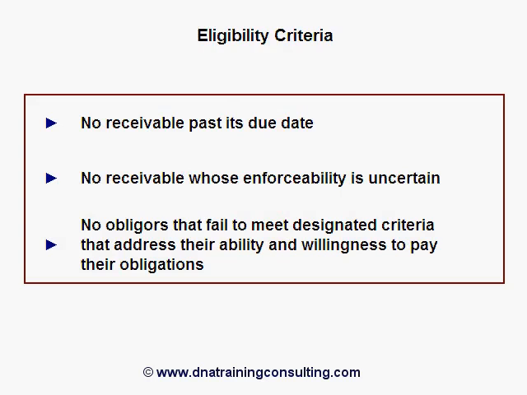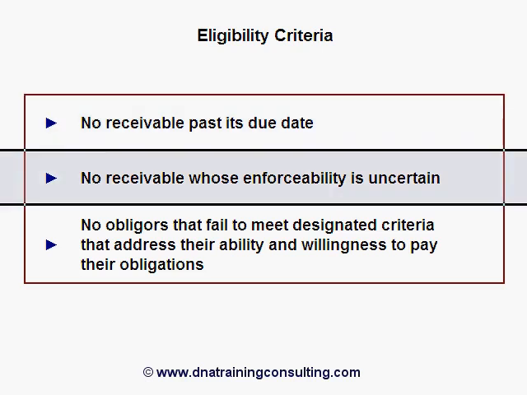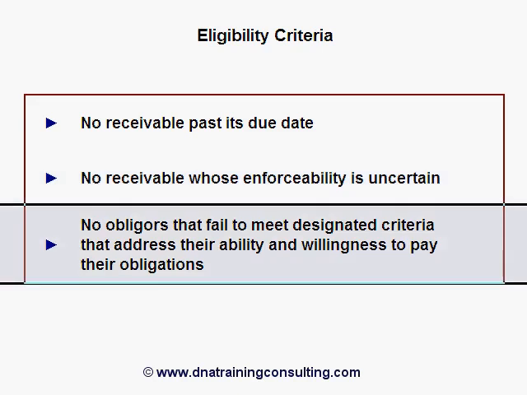This cautious lender might also impose eligibility criteria, i.e. restrictions, on some receivables or some customers that might perhaps include restrictions on receivables already past their due date, restrictions on receivables whose enforceability may be uncertain, due perhaps to a dispute between the company and the relevant customer, or possibly exclude altogether obligors, i.e. customers, that failed to meet designated criteria intended to increase the lender's comfort level regarding their ability and willingness to pay their obligations in full.